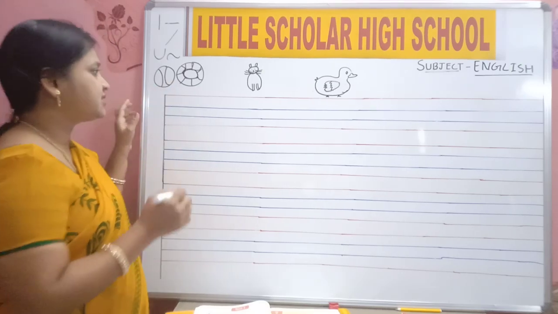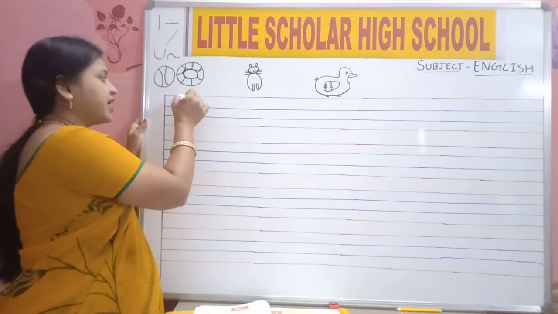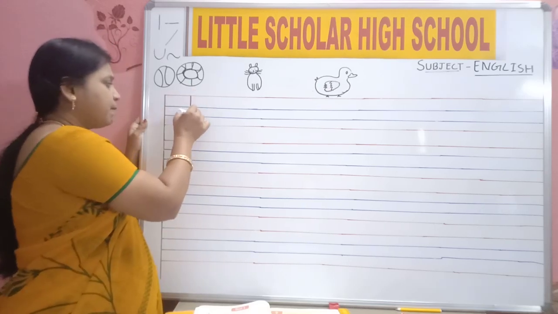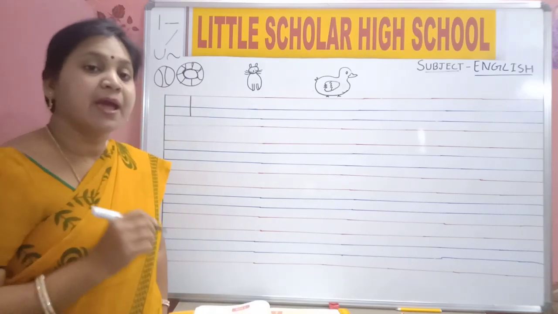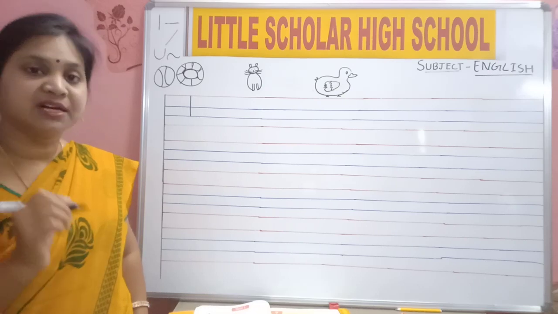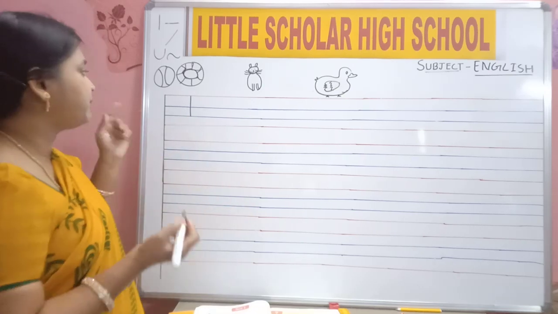See the board. You will start from the red line and come to the blue line. B for ball we are learning now, using curved lines. This is a straight line. Now we will use curved line. See how I am using curved line.